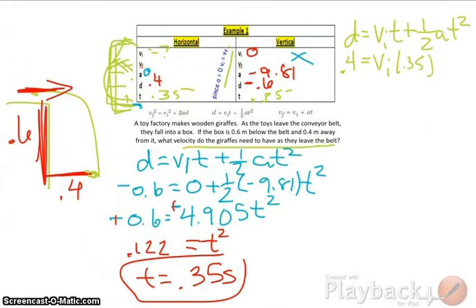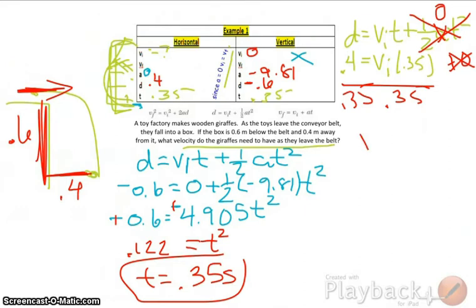Now this whole 1/2 AT squared, well, our acceleration is 0, which means this whole thing goes away, because it becomes plus 0. So we have to undo what's being done to VI, divide both sides by 0.35. So we get 0.4 divided by 0.35 equals 1.14 meters per second. And that's our answer.